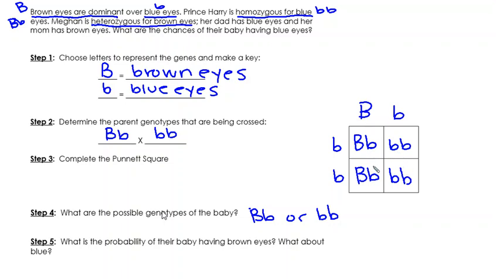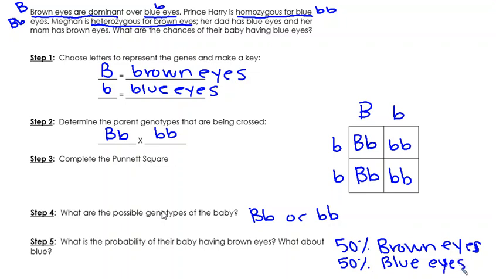So there's 2 out of 4 boxes, or 50% chance of the baby having brown eyes, and 2 out of 4, or 50% chance of the baby having blue eyes. So we can write that down. So we really don't know. There's a 50-50 chance of the baby having either colored eyes.